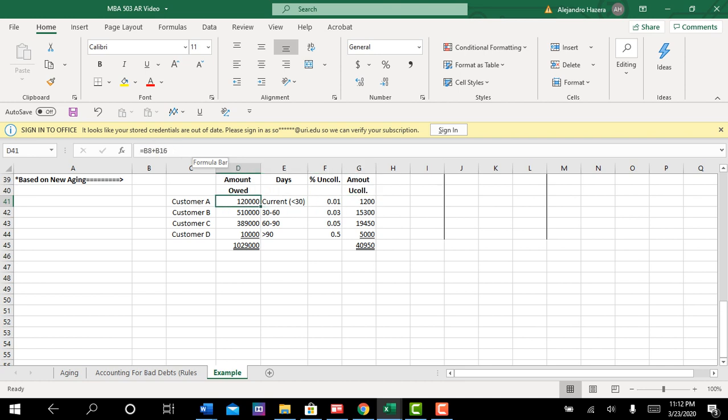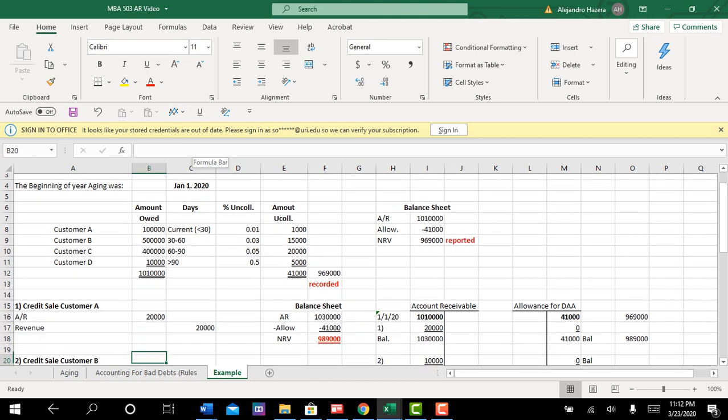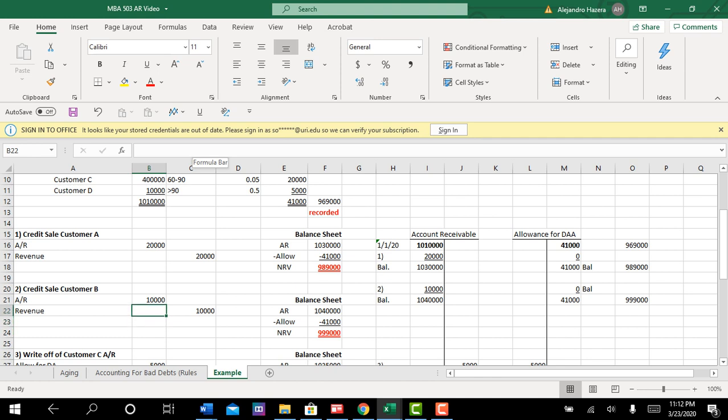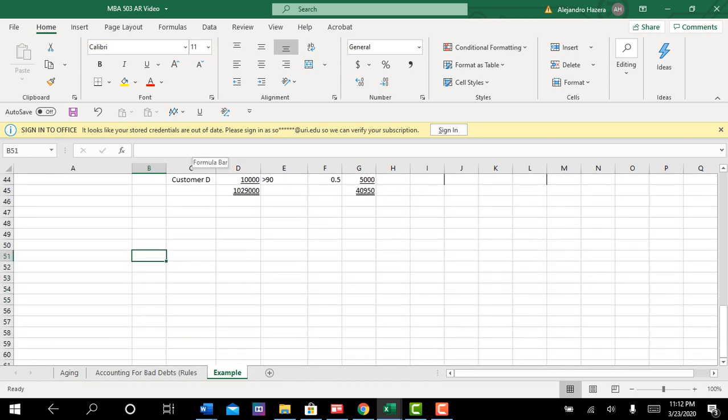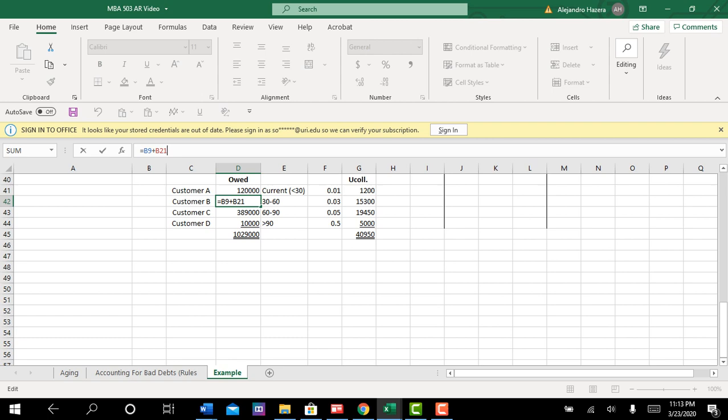Okay, now customer B, you'll notice that customer B originally owed us $500,000, and we had a credit sale to customer B of $10,000. So customer B now owes us $510,000. Notice that the equation for this, it's way up there, but notice the equation for customer B is B9 plus B21.